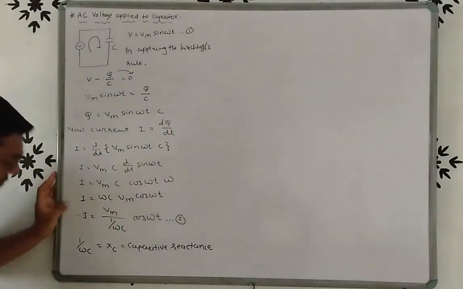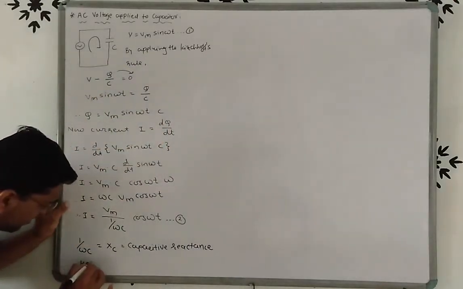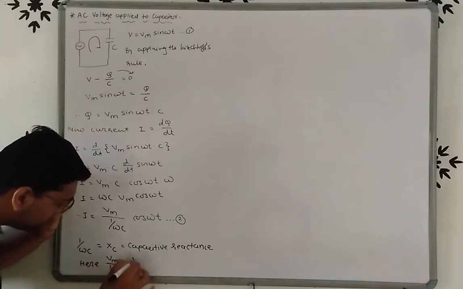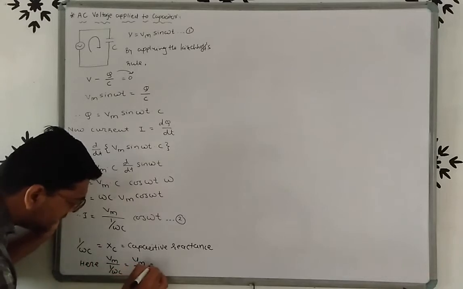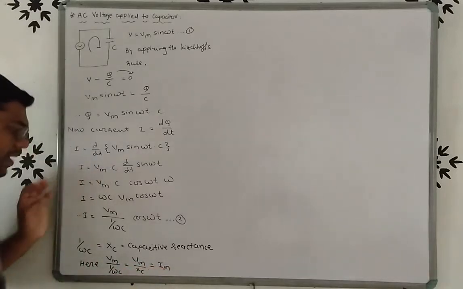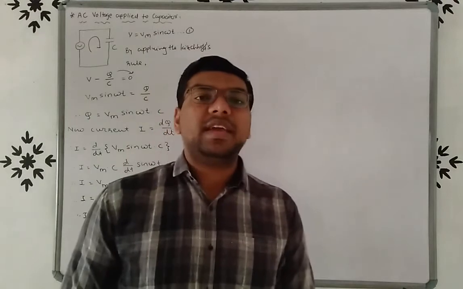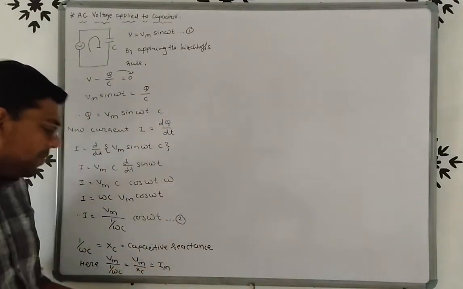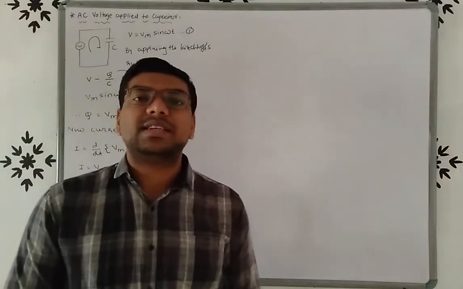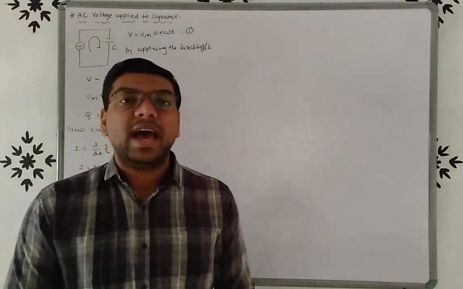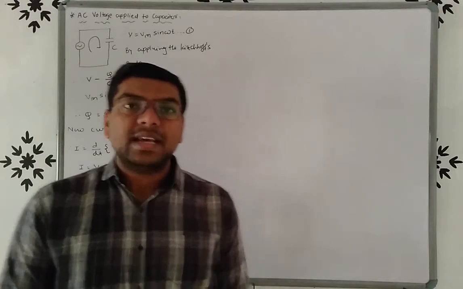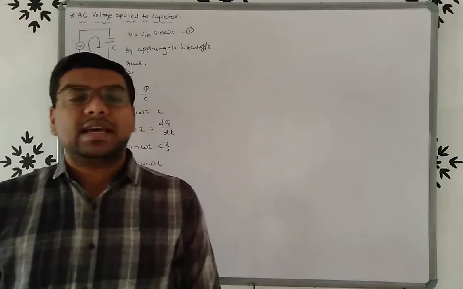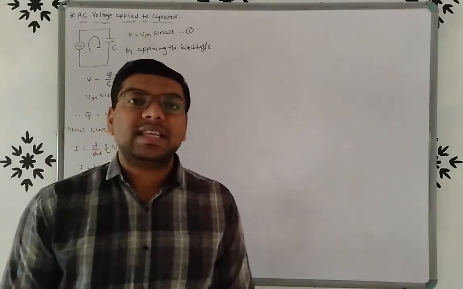So Vm upon 1 upon omega C is equal to Vm upon Xc is equal to Im. Comparing this with Vm by R, we can say that capacitive reactance behaves as a resistor which limits the current.